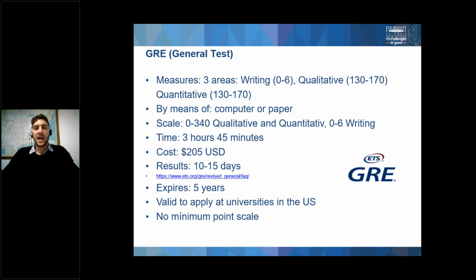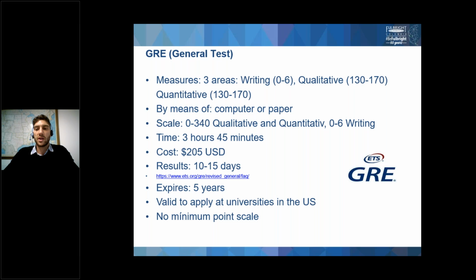This exam is valid to apply at universities in the United States. And for us, there is no minimum point to apply for the Fulbright scholarship, as long as you have that minimum English score, of course you check the requirements for your specific scholarship.